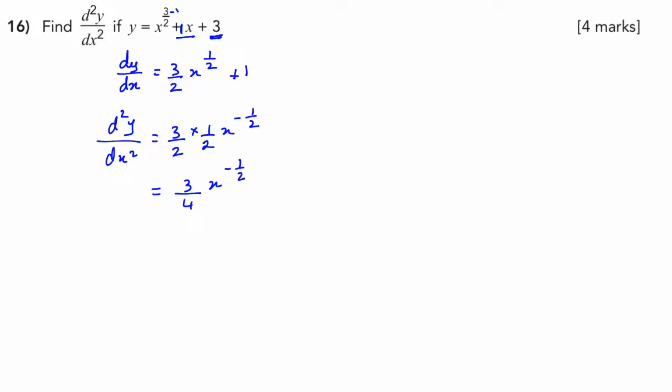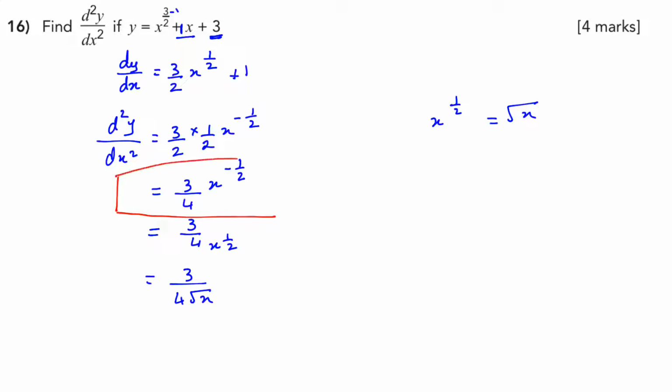This is your answer. You can simplify it by bringing the power down. I hope you all know that x to the power of half is equal to square root x. So this is equal to 3 over 4 square root x. Even if you wrote only till here, that will be fine.